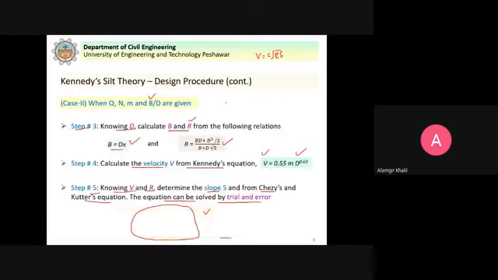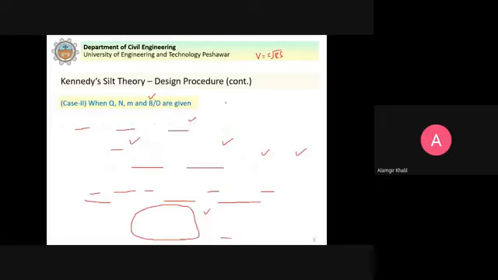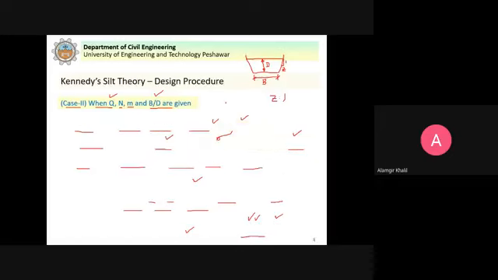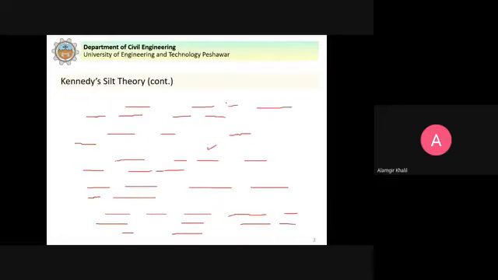Drawbacks in Kennedy's theory: Kennedy did not realize the importance of B by D ratio. We already discussed this B by D ratio, that it provides the guidance, because for different slopes we get different cross sections for the same discharge.